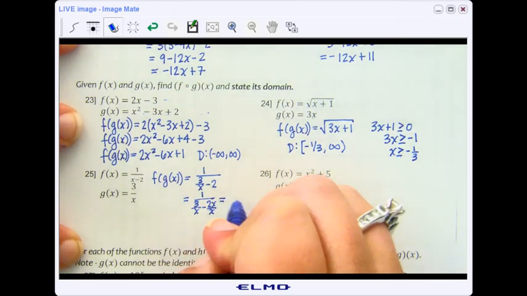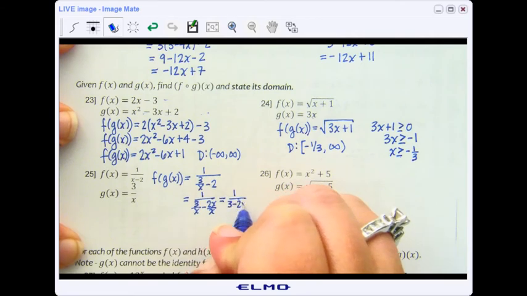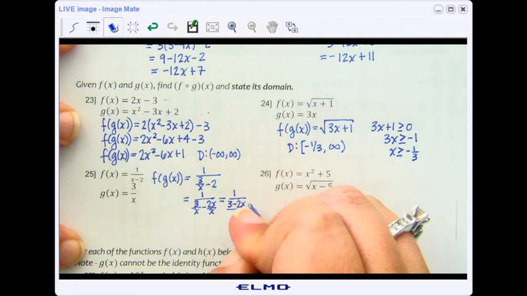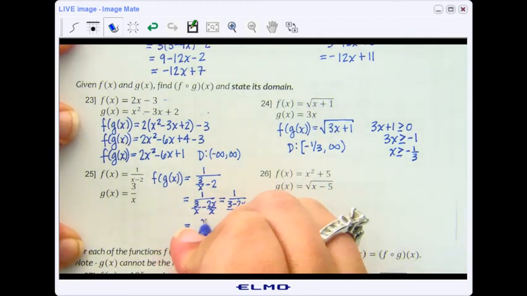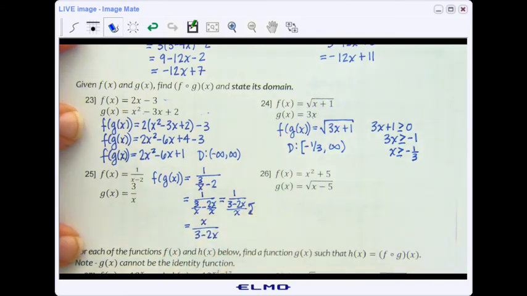So this is 1 over 3 minus 2x over x. When you flip and multiply by the divisor, this becomes x over 3 minus 2x.